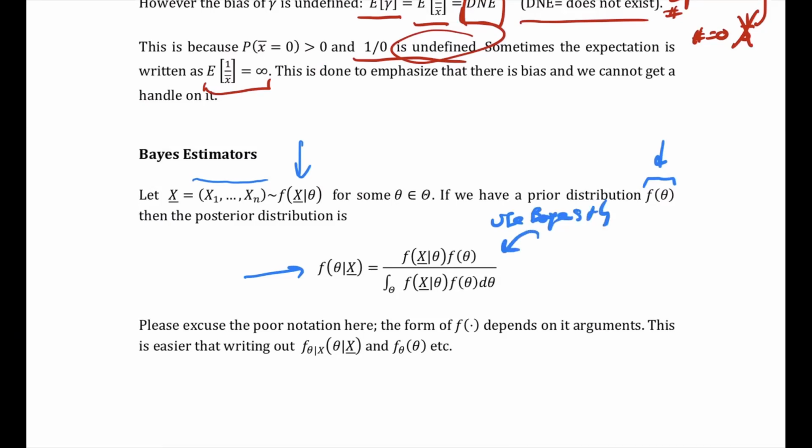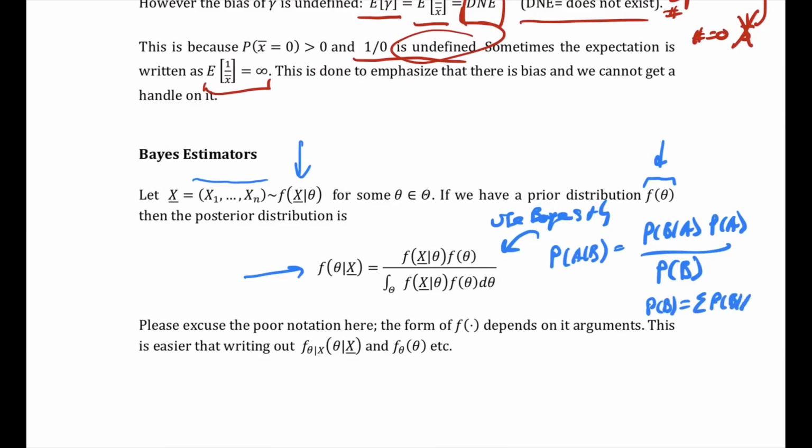If you remember, Bayes' theorem is: the probability of A given B is the probability of B given A times the probability of A, all over the probability of B. And the probability of B is equal to the sum of the probability of B given A times the probability of A, but these are different A's.